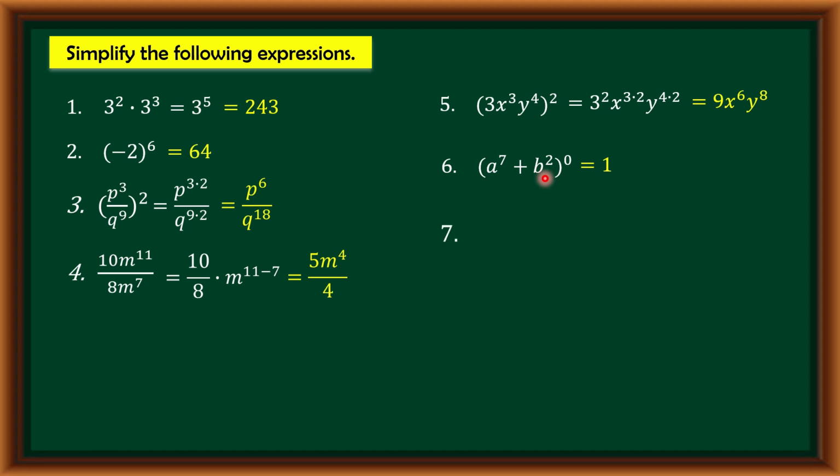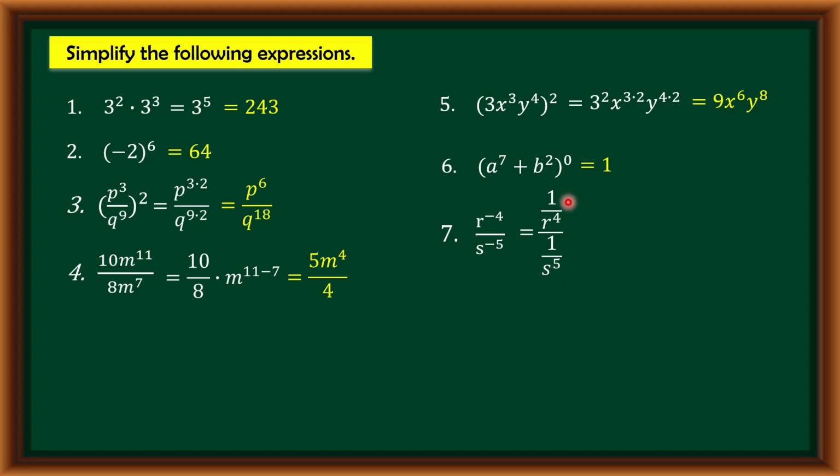Next, last one, let's have r raised to negative 4 over s raised to negative 5. This one has something to do with negative exponent, in which to make the exponent here positive, we need to get the reciprocal of the given expression. Therefore, after getting the multiplicative inverse of these two, we have 1 over r raised to 4 for the numerator over 1 over s raised to 5 for our denominator.